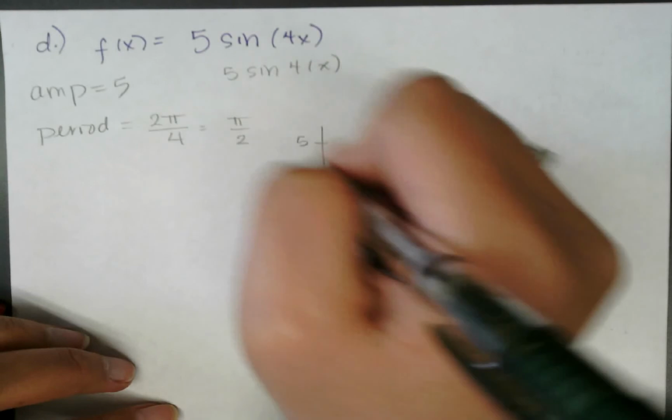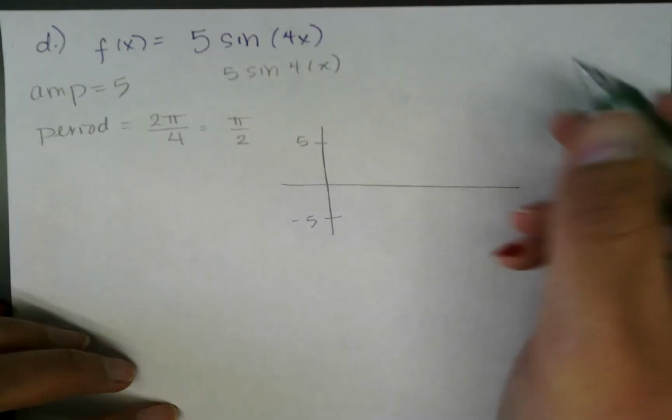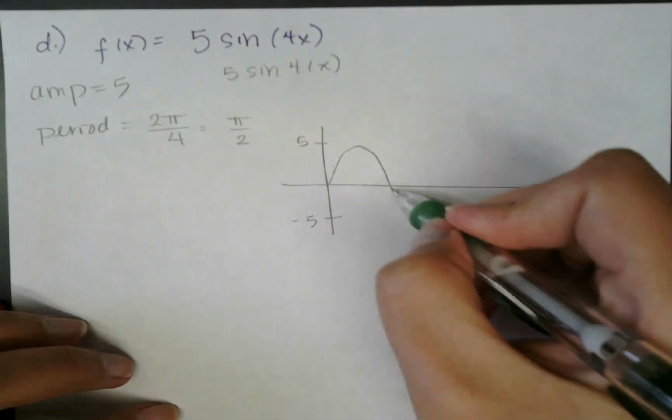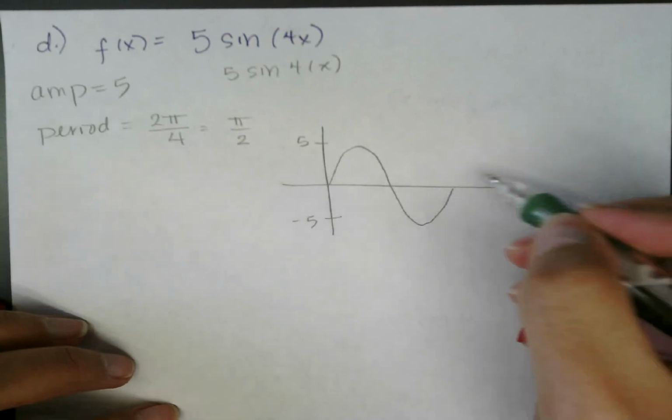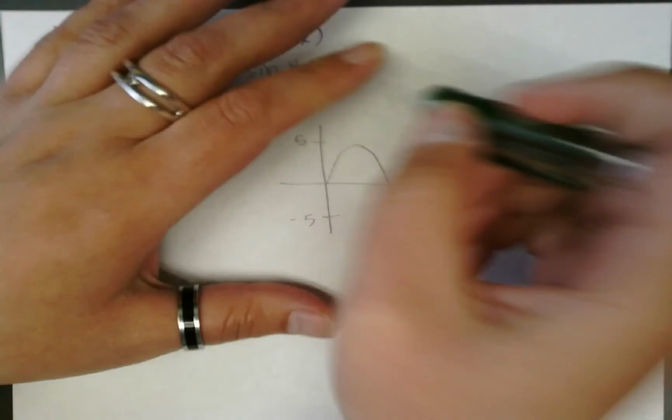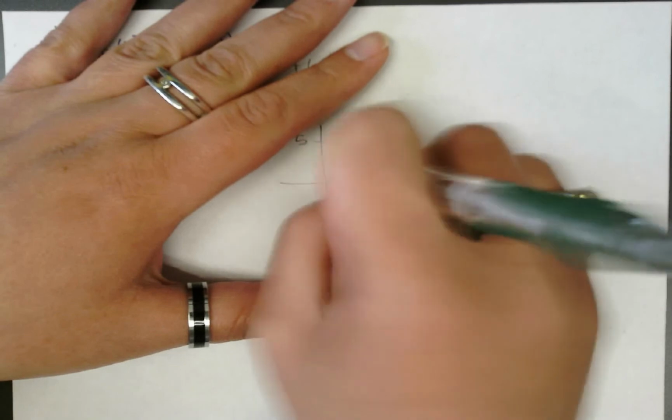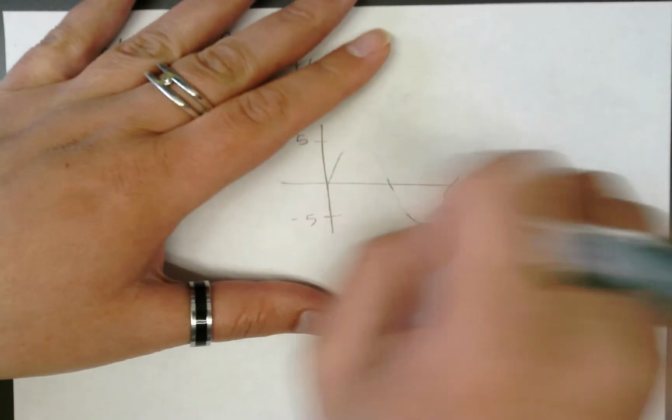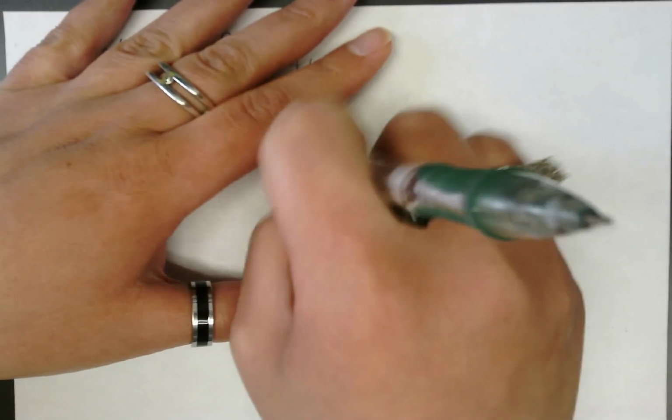Draw in your amp, 5, -5. I draw my graph in. Highest point is 5, lowest point is -5. Actually, I'm going to stretch this out a little bit more.